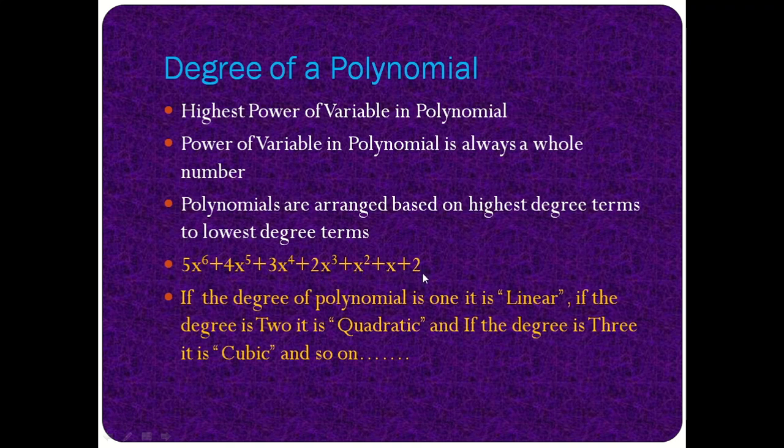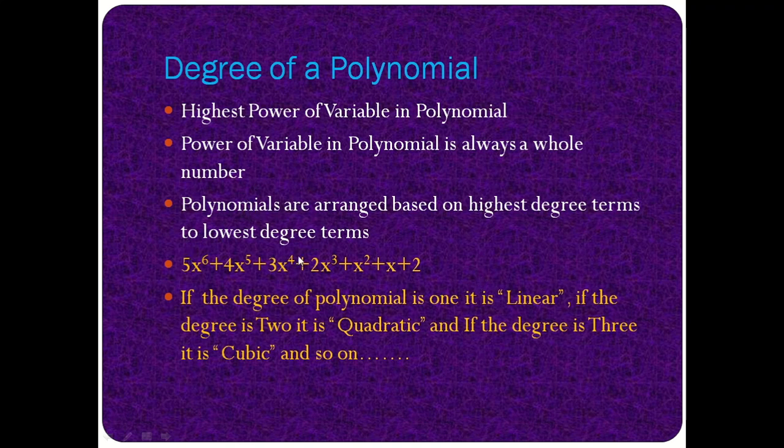This is a polynomial with 1, 2, 3, 4, 5, 6, 7 terms. And what is the degree of this polynomial? Very simple, 6, because 6 is the highest power attributed to the term. So 6 is the degree of this particular polynomial.